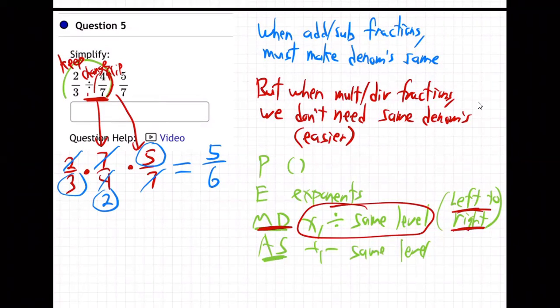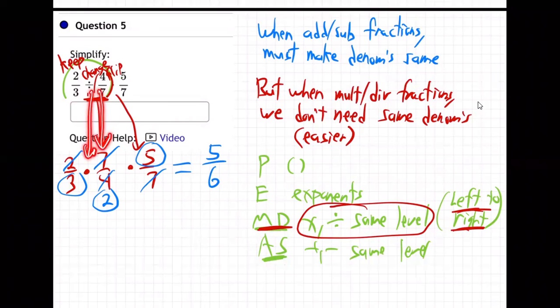That was a little tricky. Let me go back over that again with you. So multiplying, dividing are the same level. PEMDAS. M and D are the same level. So you just do them left to right, whichever one comes first. So the dividing comes first, which means you flip the 1 to the right of the dividing. That's what we always do, because dividing is upside down multiplying. Change to multiplication.